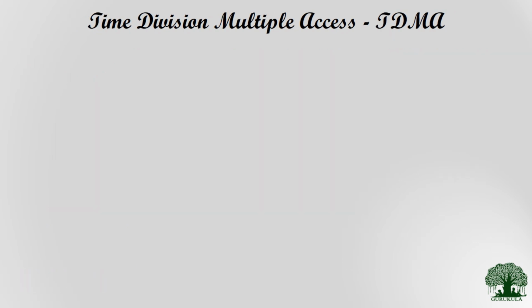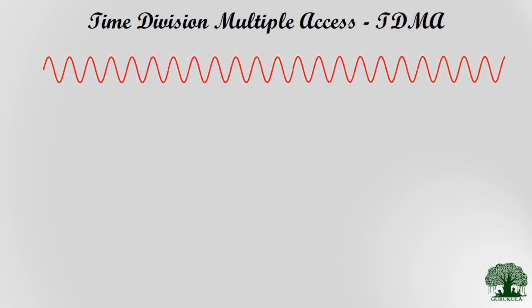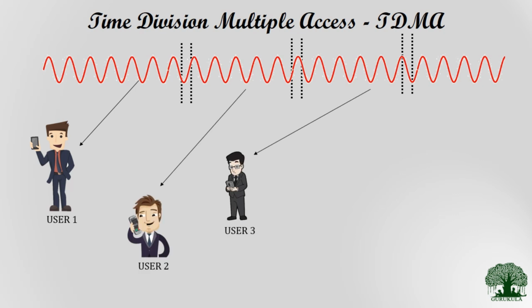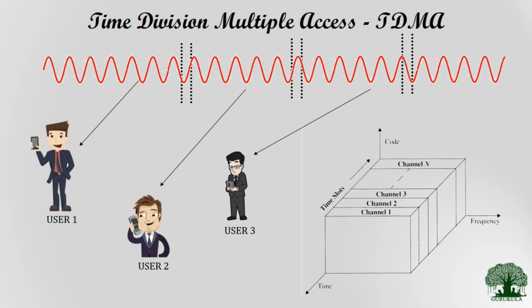Whereas in time division multiple access, the difference is that instead of allocating different frequency bands for different users, the entire range of spectrum is allocated to each and every user, but the differentiation is done in terms of time period, meaning each user will be allocated the entire range of frequencies for only a particular time period.